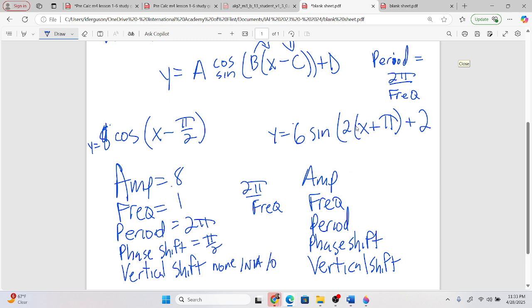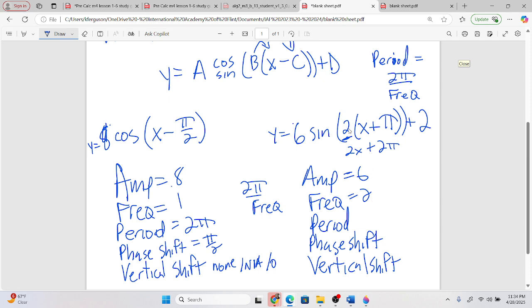And then the last one. See, this one actually has my 2 pulled out. So I've got amplitude of 6. Now this one has a frequency of 2 because it's pulled out. There's this number here that's going to be distributed, and that would be 2x plus 2 pi. But that's not how we're looking at it. We're looking at it if it's pulled out.